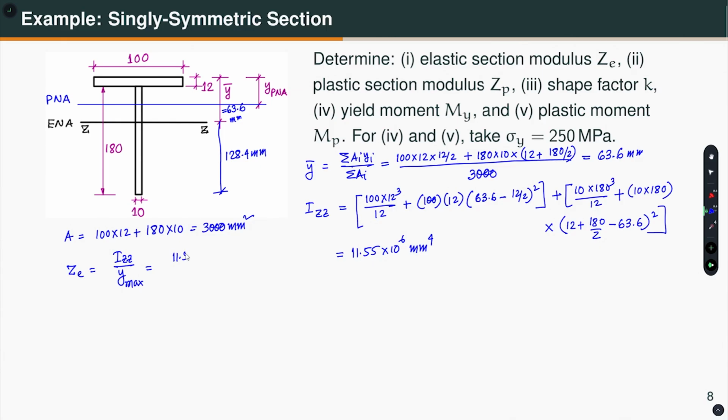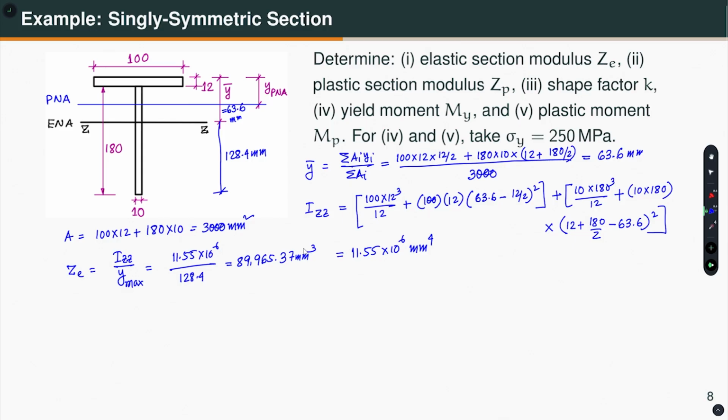So, 11.55 into 10 raised to the power 6 divided by 128.4 gives me 89,965.37 millimeter cube.